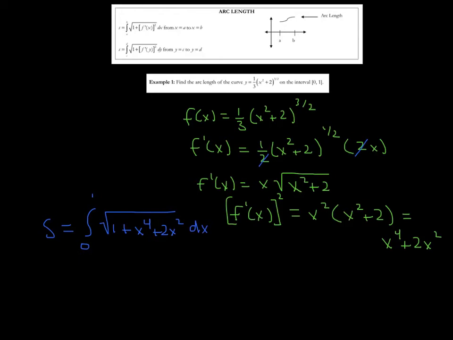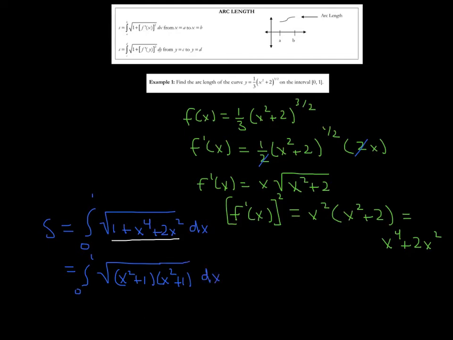All right, and we can recognize that this is simply something that we can factor. It's going to factor into x squared plus 1 and x squared plus 1. So x squared plus 1, x squared plus 1. And if you're not sure, you can kind of work that out on your own.